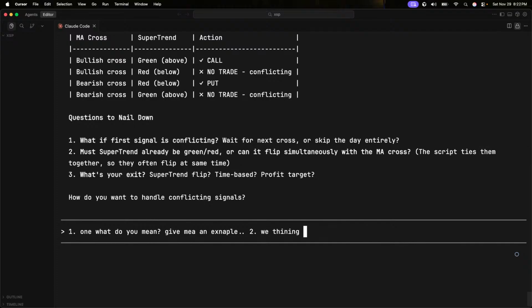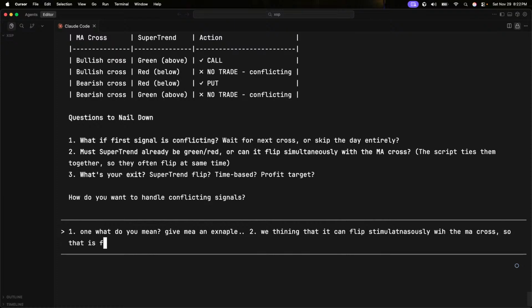We think that it can flip simultaneously with the MA cross. So that is fine.